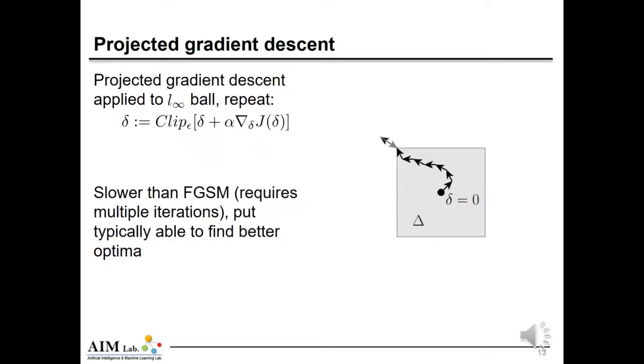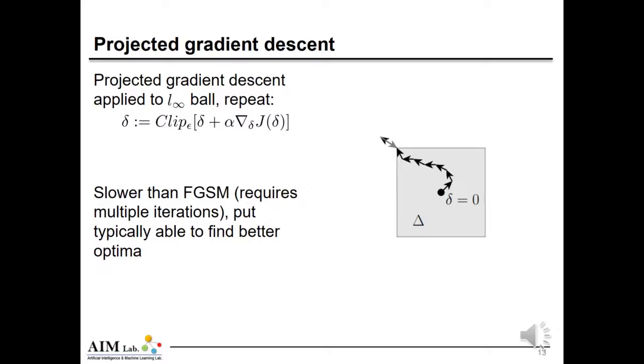FGSM is quite a simple algorithm, so we can further improve it. The next step is to actually run the full projected gradient descent method rather than taking one big step. In the right figure, at first the gradient points to the top right corner, however, after some iterations, the gradient points to the top left corner, so it means the delta that makes the loss highest is not the top right corner, but the top left corner.